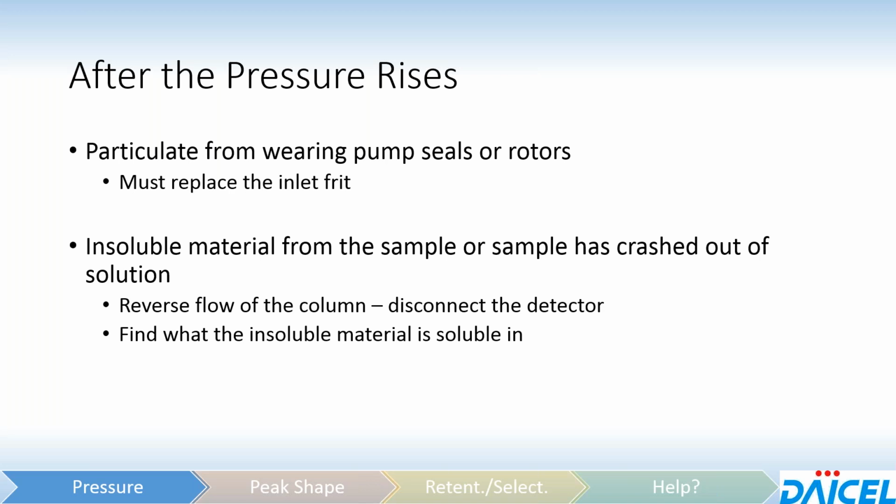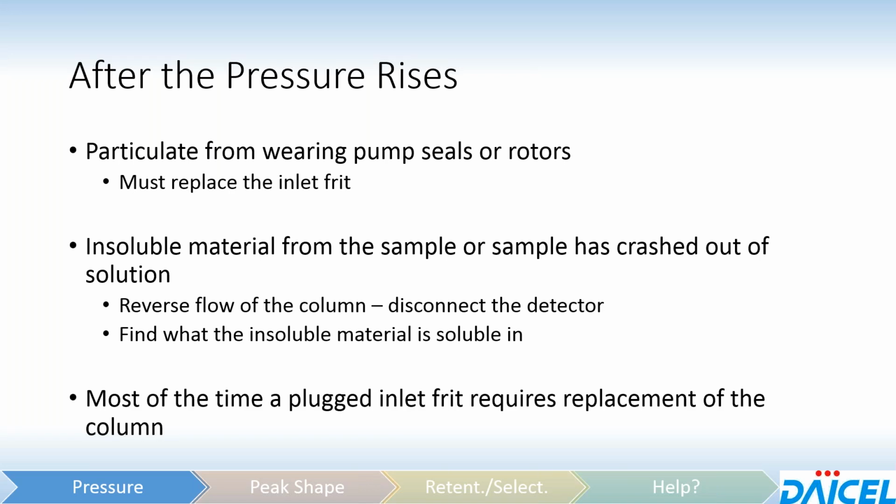So unfortunately, 9 times out of 10, I would say, you're going to end up having to replace the column anyway. Sometimes if you catch the issue early enough, reversing the flow and doing this sample solvent wash will work. But in most cases, we end up seeing, unfortunately, the column has to be replaced. So that is it for pressure issues.